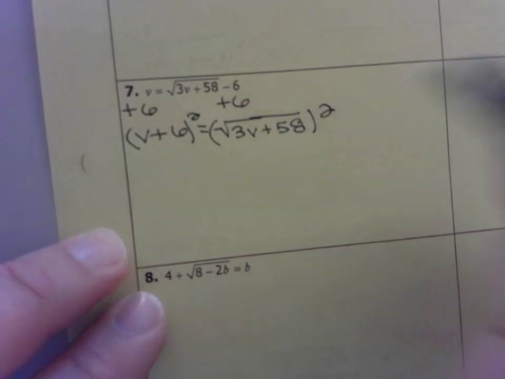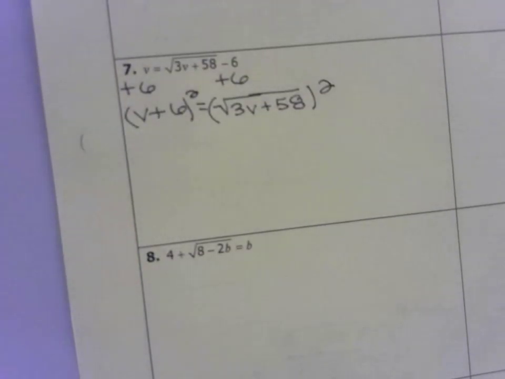Okay, now, as I look on the left side, it's a little different. On the left side, what do I have to do if I'm squaring v plus 6? We've done this before, if I'm squaring a binomial.